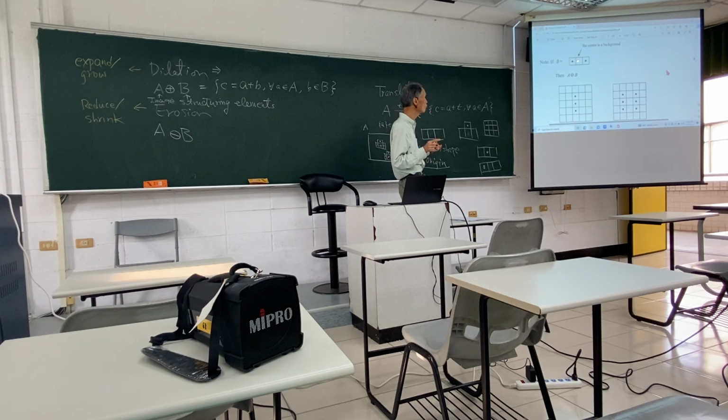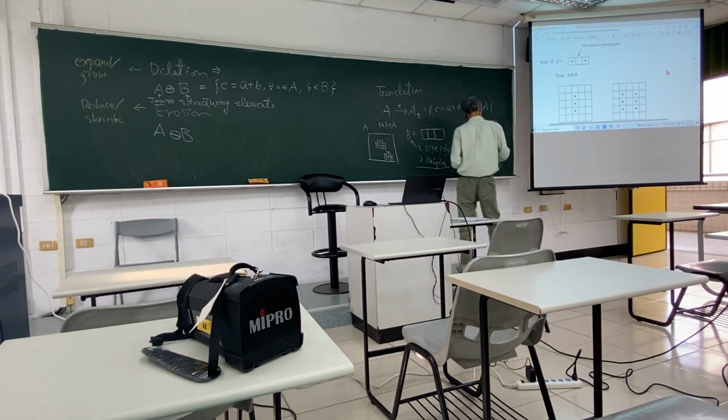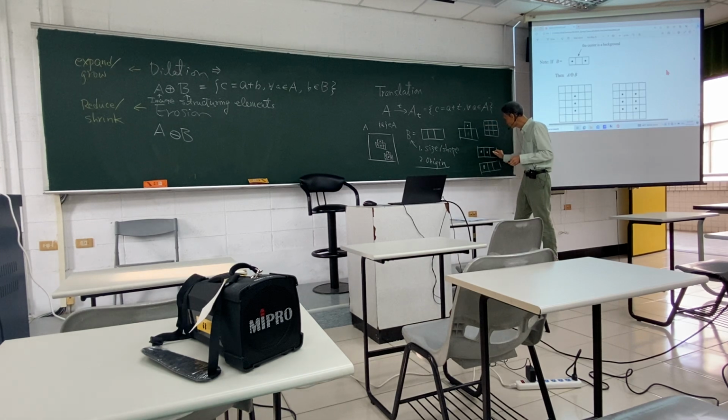Usually, we don't define a structuring element like this, where the center is the origin, but this one is not an object point. Usually, we don't do that. Okay, remember. For B, we will take it in this form. We won't keep it empty.